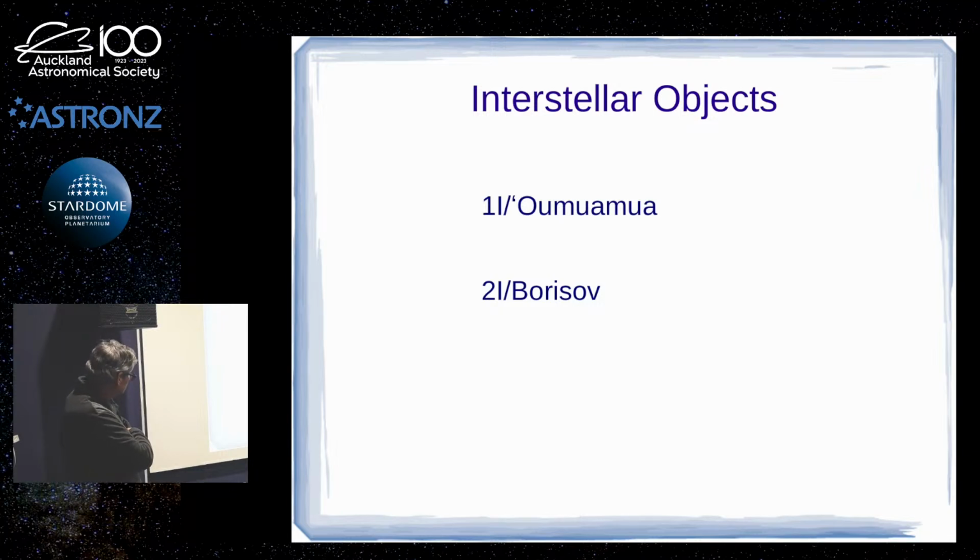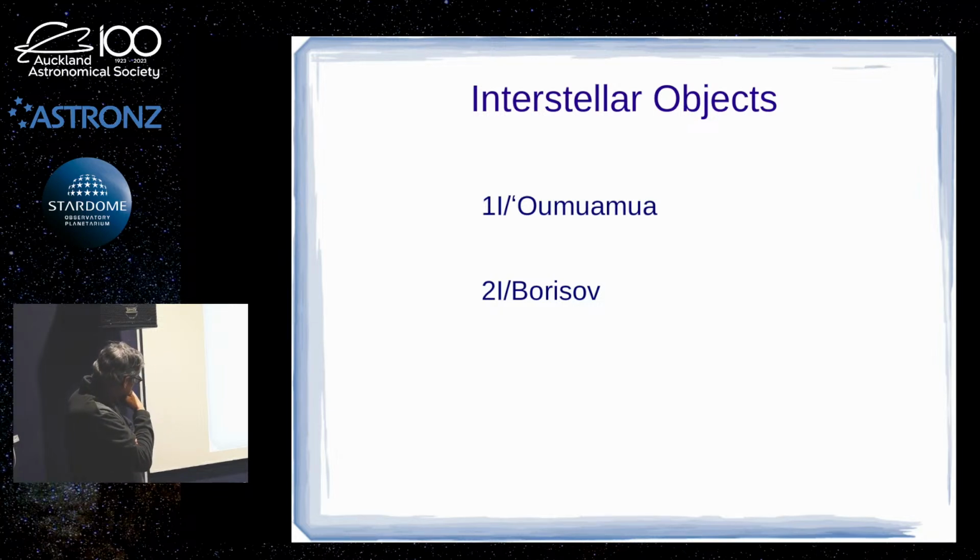In fact, these were discovered by amateurs, and what they did is a trick, observing as early into the twilight as they could, because the big survey scopes can't look at that part of the sky because it's too bright. So these two different people used that kind of trick to find them.